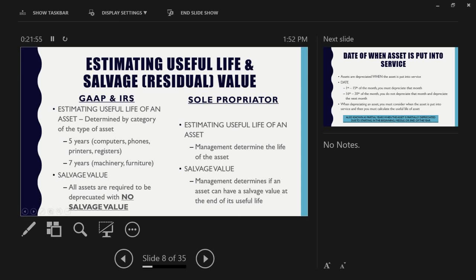Now, a great example would be a truck. If you're buying a $30,000 truck, and you're telling me it's got 7 years on it and it's going to zero out? Heck no. But sole proprietors can say, well, I can determine my asset. I could say this truck is going to last me 10 years.